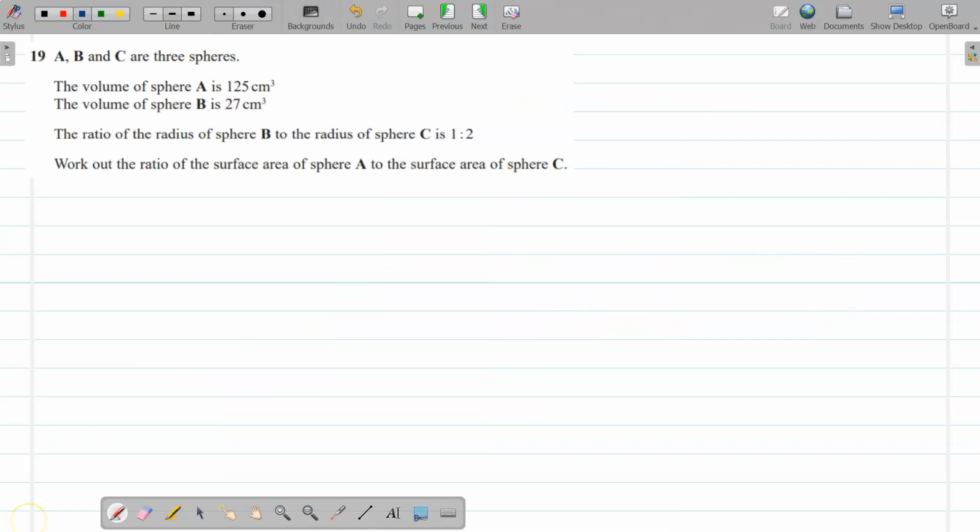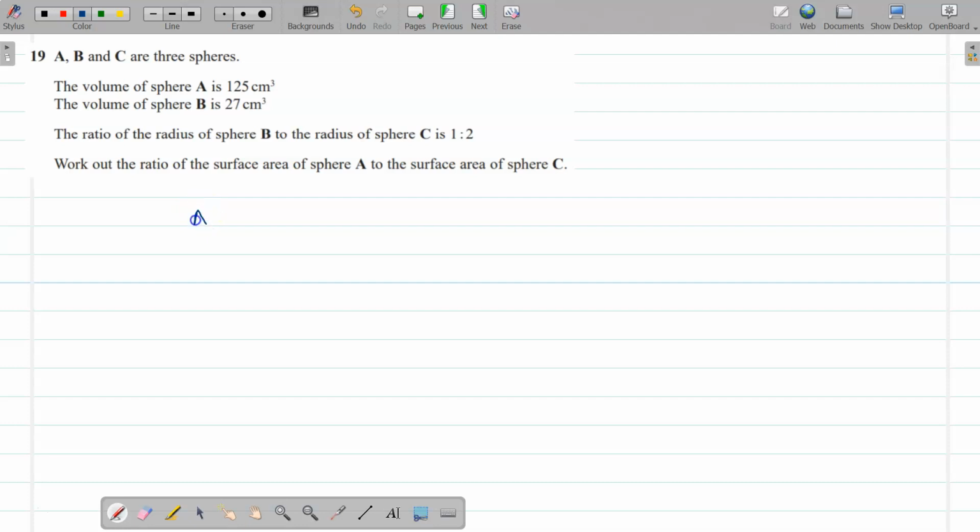Okay, this is about volume, area, and linear scale factors and ratio. What I'm going to do here is, we've got these 3 spheres, and I'm just going to make a little table which will explain what's going on.